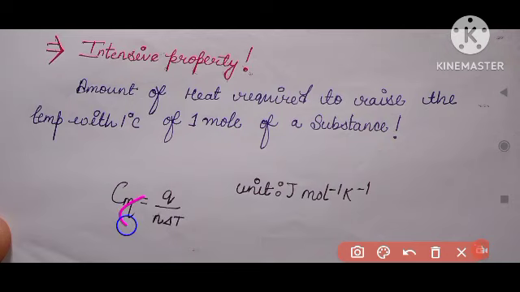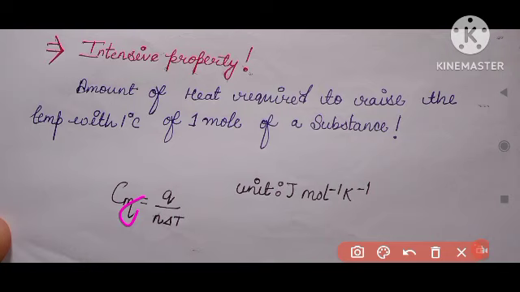Here M represents molar specific heat, so molar Cm equals Q, meaning heat, by n. Why n? Because here the mole is present, so molar specific heat equals heat by n times delta T. Delta T represents temperature final minus initial.